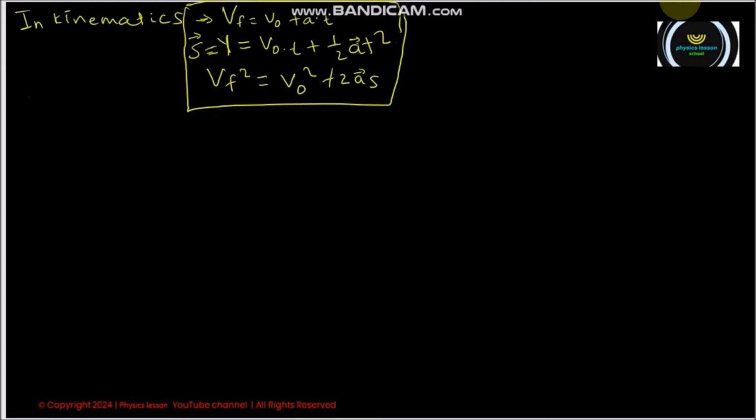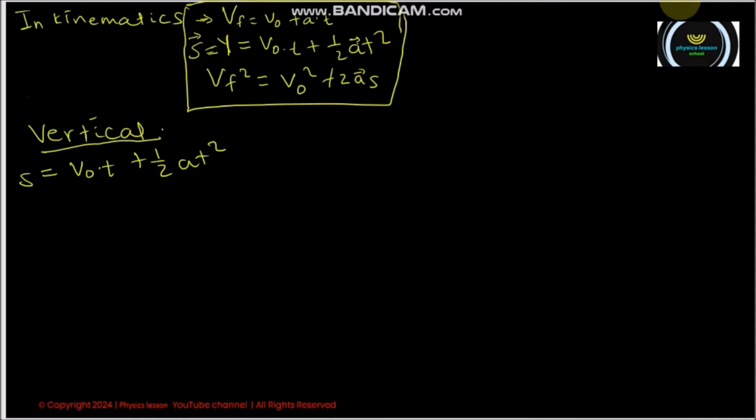All right, for the vertical projection, we have, let's say, the displacement is equal to the initial velocity times t plus 1 over 2 a t squared.